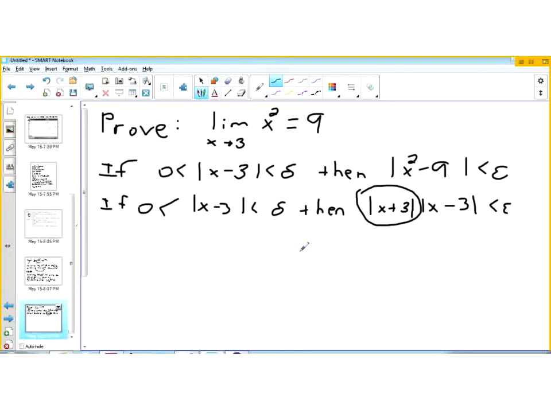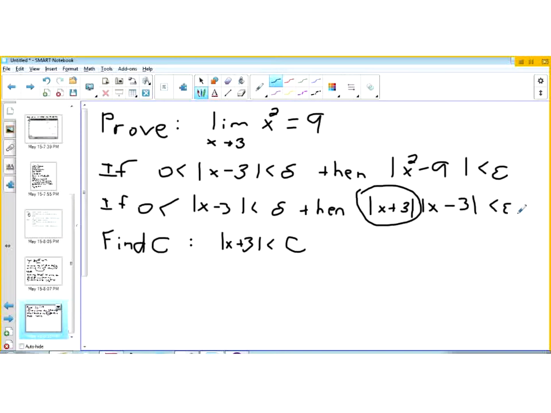The dilemma is right here, x plus 3. So the strategy is we need to find a number we'll call uppercase C such that the absolute value of x plus 3 is less than C. Less than C, not epsilon.